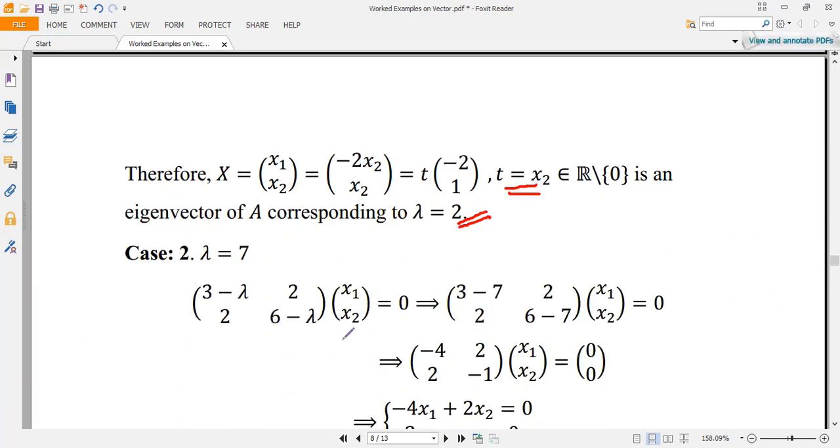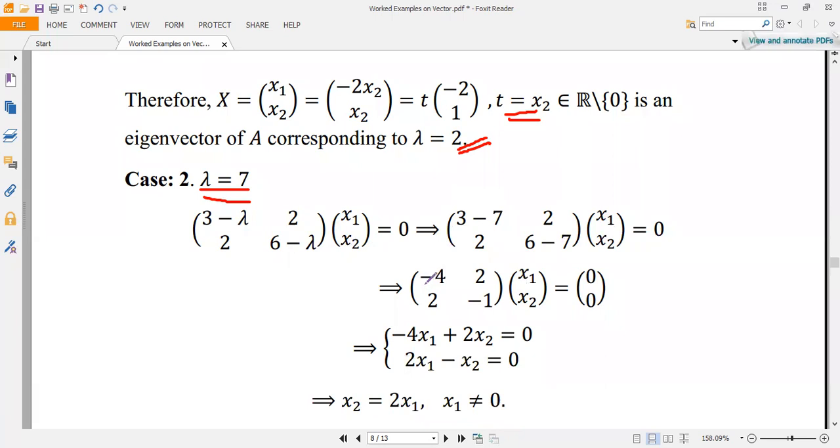The eigenvector corresponding to lambda equal to 7 is obtained in a similar way, by subtracting lambda from the given matrix: 3 minus 7, 2, 2, and 6 minus 7, times x1, x2, which is equal to 0.